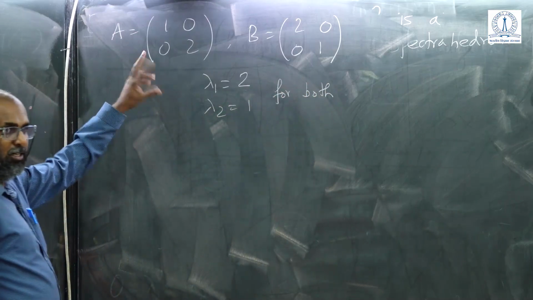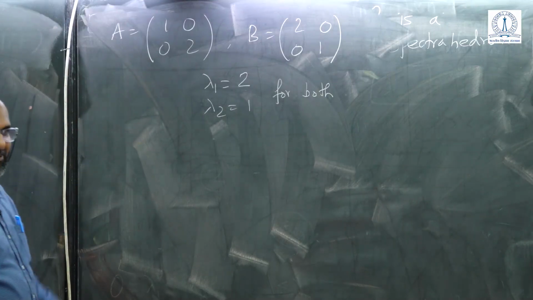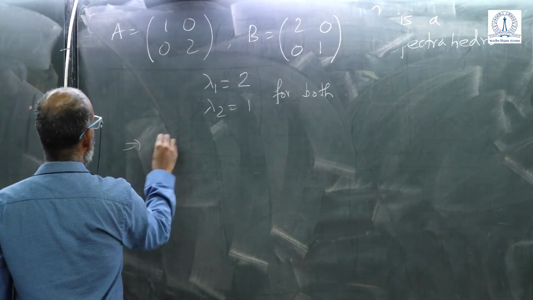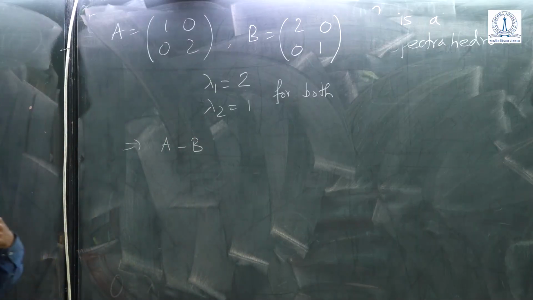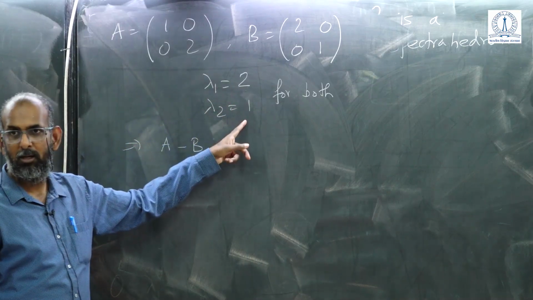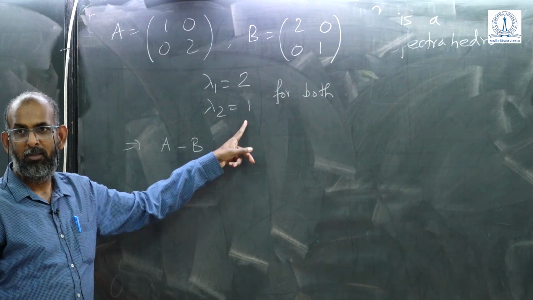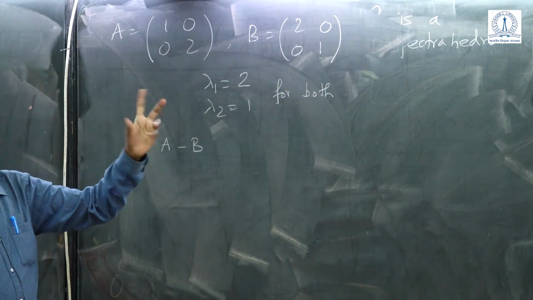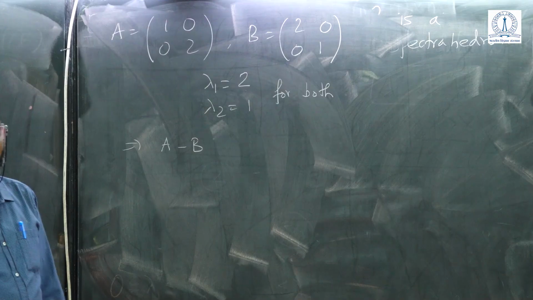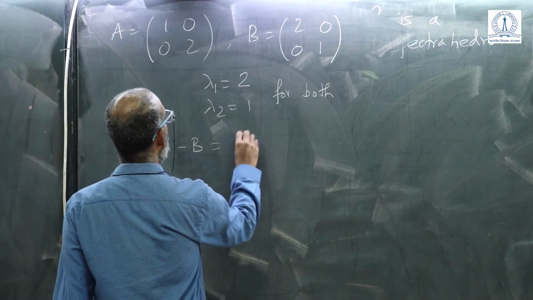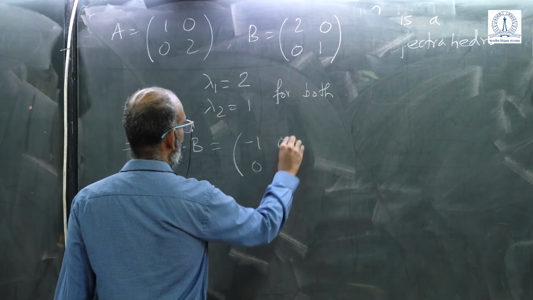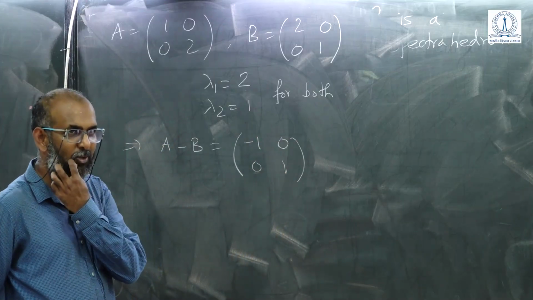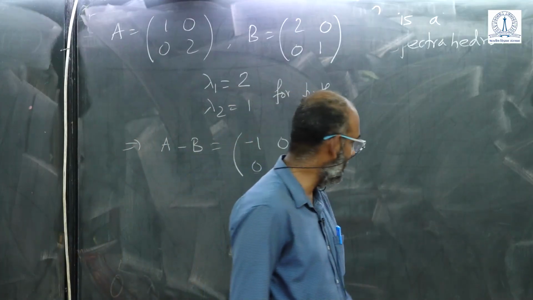But because they are associated to different eigenvectors, when you take the difference, A minus B, you will get -1, 0, 0, 1. They satisfy the ordering condition, lambda 1 of A greater than or equal to lambda 1 of B, both are equal. It's just that your eigenvectors are associated differently. So it's even simpler than that.